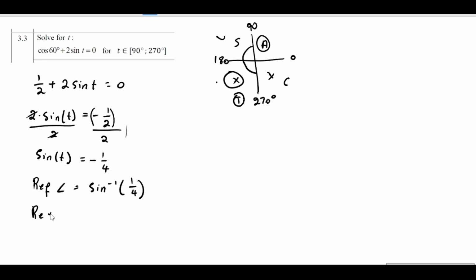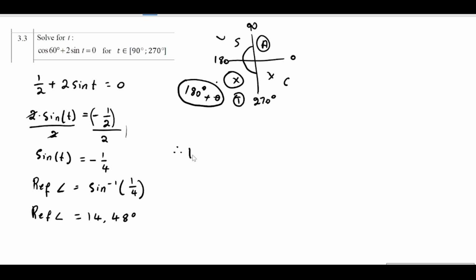Our reference angle is going to be 14.48. Okay, the information I was talking about: why was I talking about sine being negative and positive? Because in the third quadrant, we have a reduction formula of 180 degrees plus theta. So that's where we're going to find our actual angle.